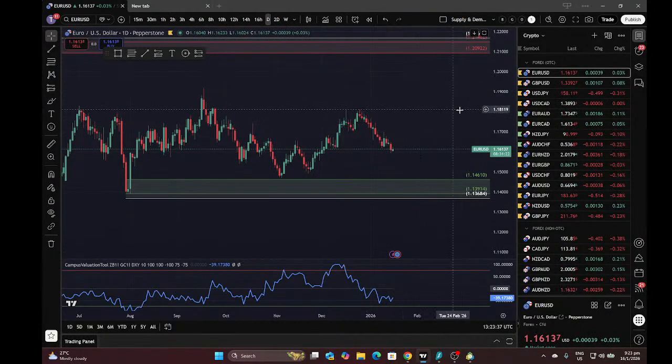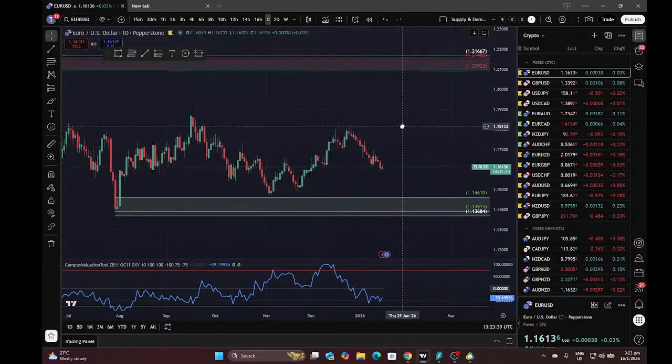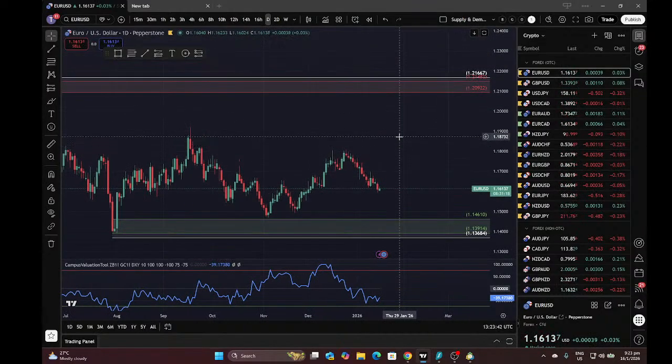Okay, so let's do a quick recap. I'm a swing trader or intraday trader. My trading uses two time frames. I trade on the higher time frame, daily, and when I execute my trade, I will go to the lower time frame between 1 to 4 hours.